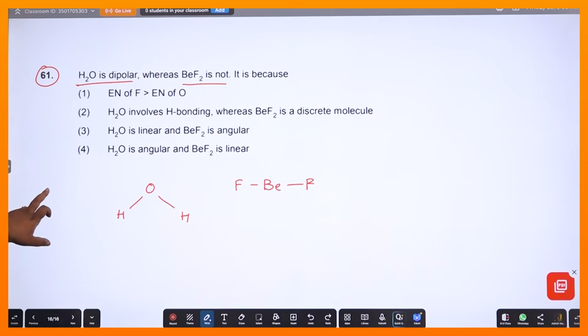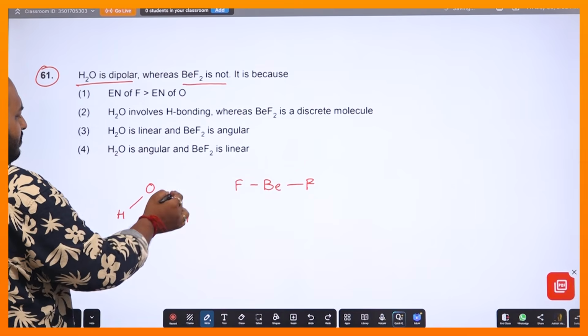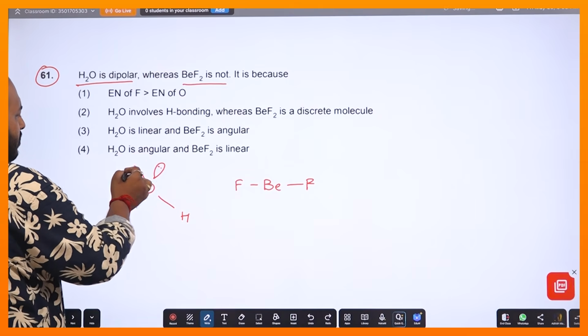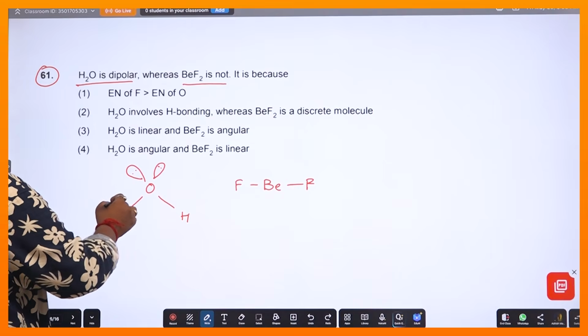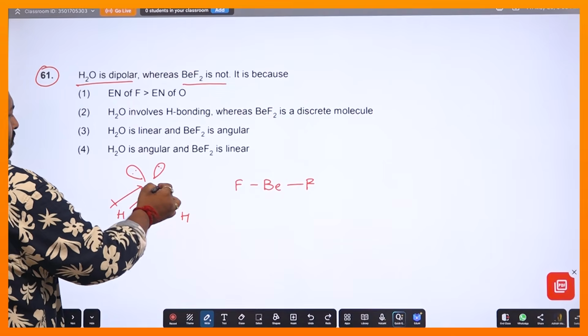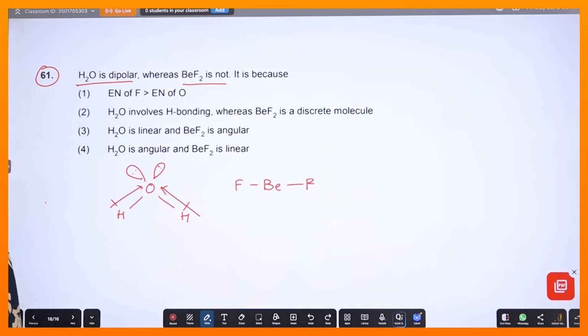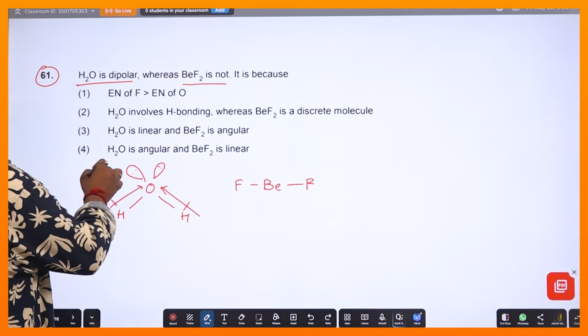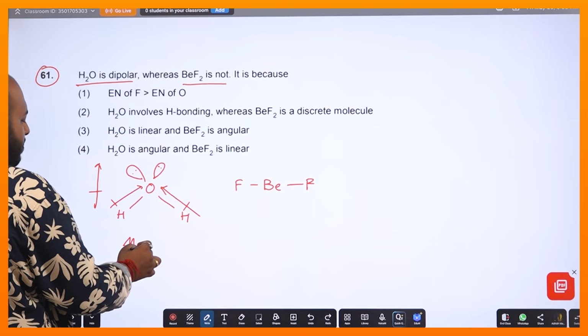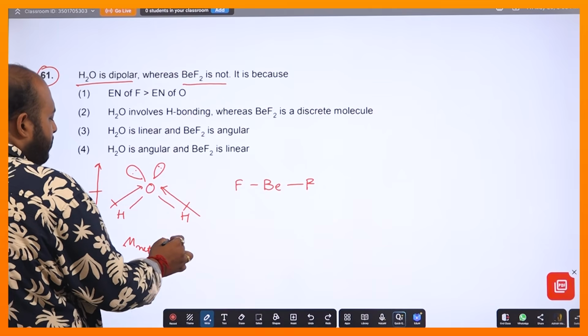You know the structure of H2O is like this, and if we draw the individual dipole moment vectors, it will be like this. So there is an overall dipole moment and the net dipole resultant is not equal to 0.